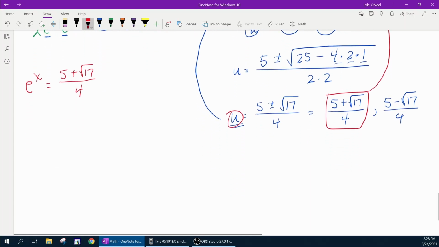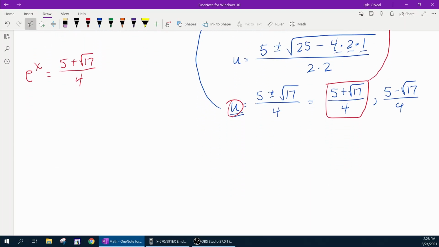And then I'm going to solve that equation by converting from exponential to log. Okay, so we're going to bring the base down. Remember, log base e is really natural log. So natural log of 5 plus square root of 17 over 4 equals x. And so there is one of our answers for x. This is the exact value.